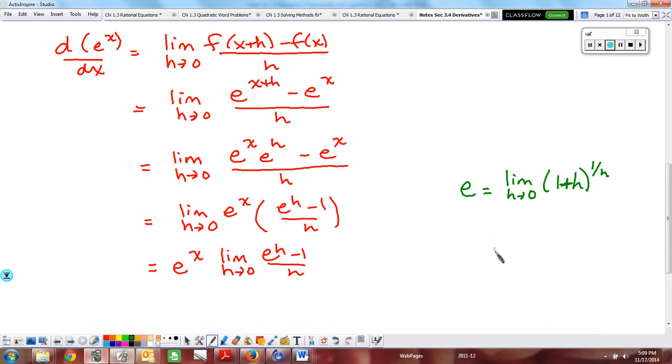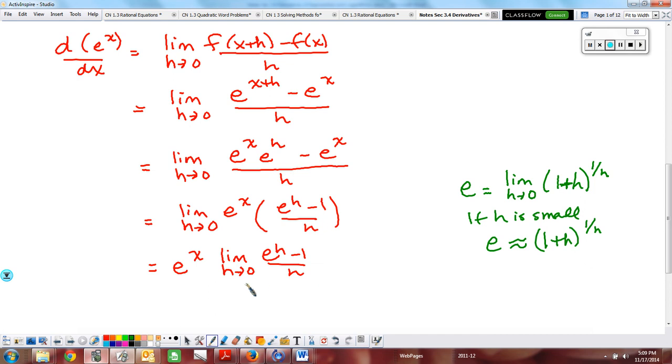Okay, so basically what we know, since you're doing the limit, is that if h is small, e is approximately (1 plus h) to the 1 over h. If h is small, e is approximately this.